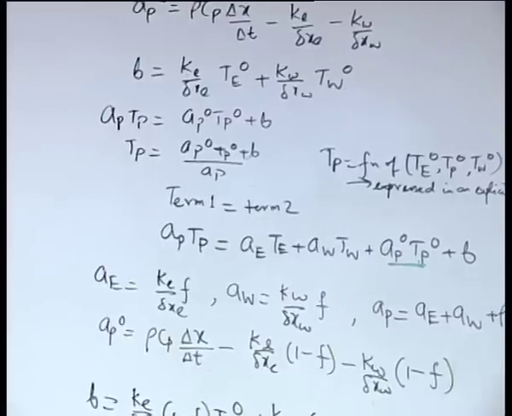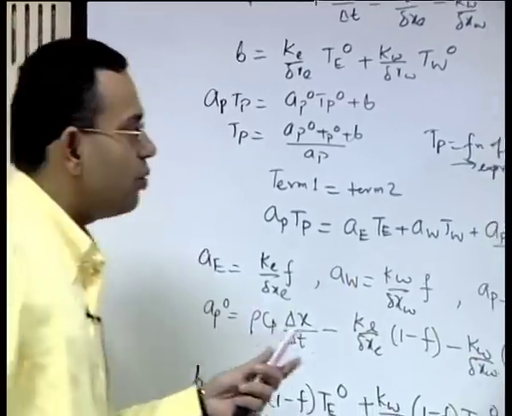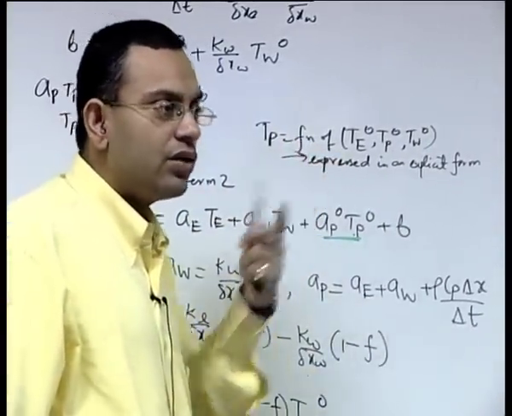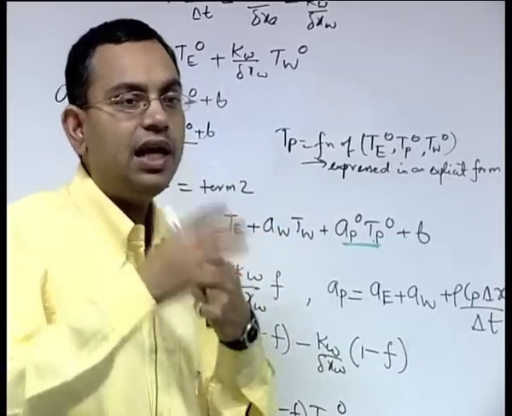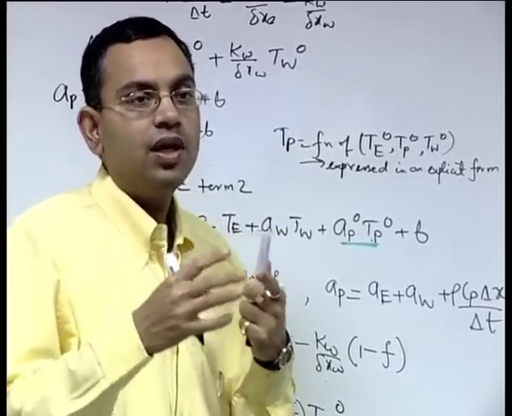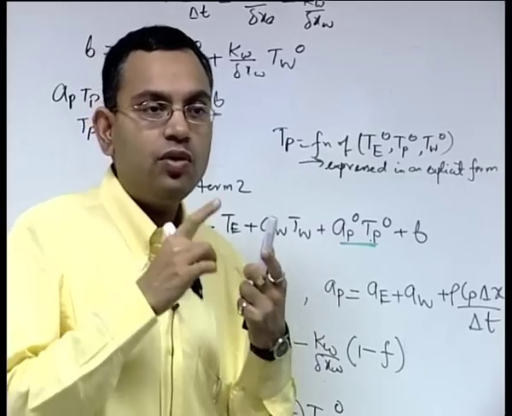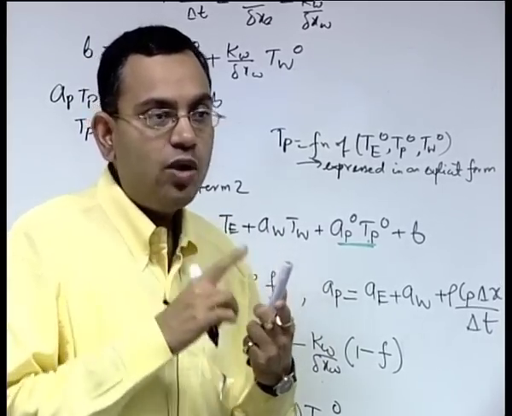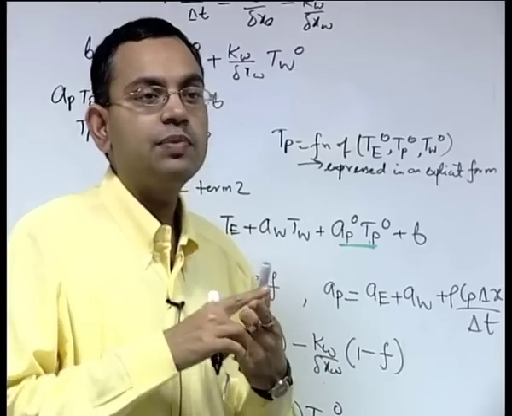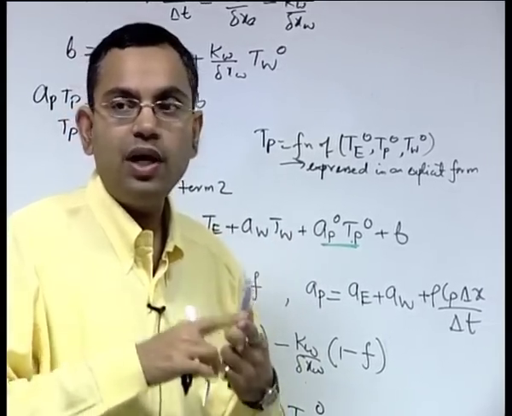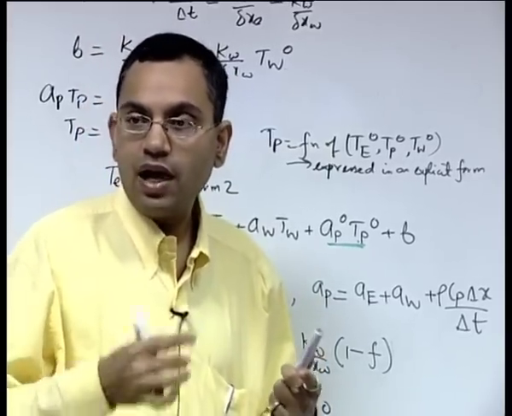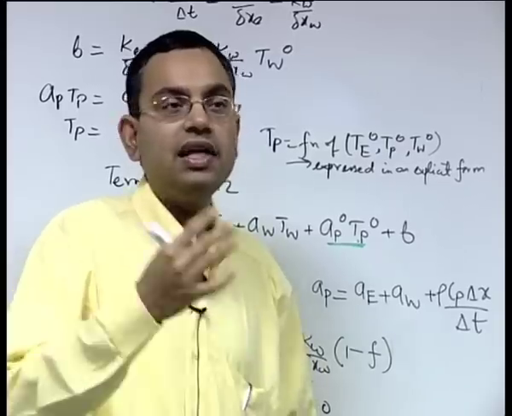This essentially implies that if you know the temperature at a particular time, you can just march with time and find temperature at any other point at the subsequent times by explicitly expressing the value at the current time as an explicit function of the value at the neighboring points and at the same point at the end of the previous time, and in this way you can just march ahead with time.